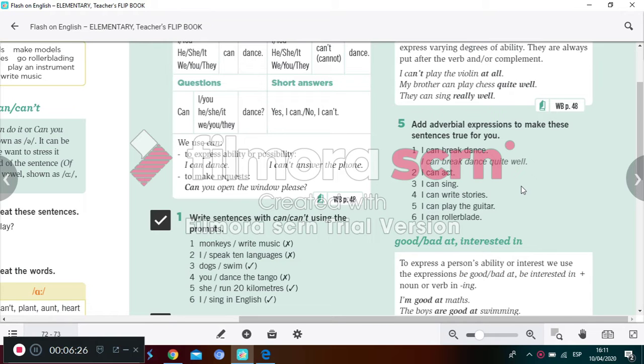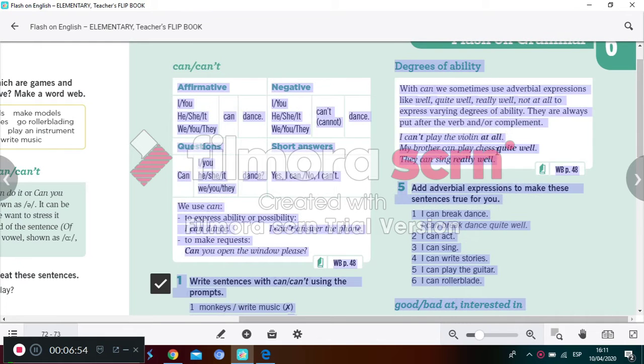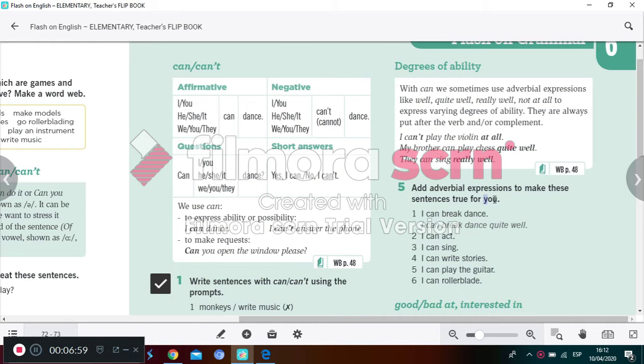For example, I don't know, Bruno, you can break dance really well. Excellent. Or for example, Pepita, I can't break dance at all. Zero. No way. So, in activity number 5, you need to write these sentences using the degrees of ability, but according to your information.